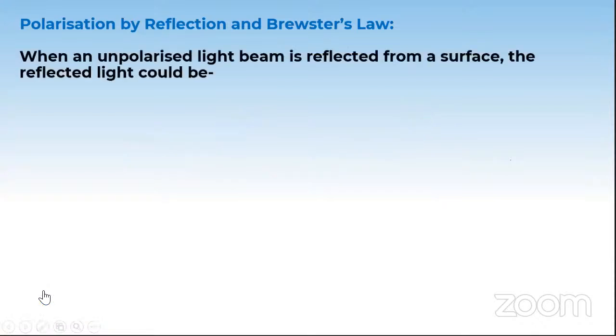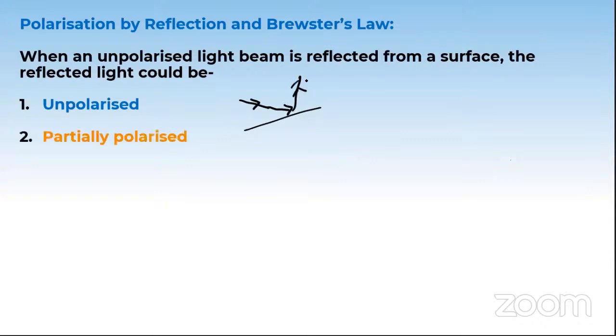So till now what I told you is, when an unpolarized light beam is reflected from a surface, it can be completely unpolarized light. When the unpolarized beam hits this surface, you can get an unpolarized beam, or a partially polarized beam, or a completely polarized beam.